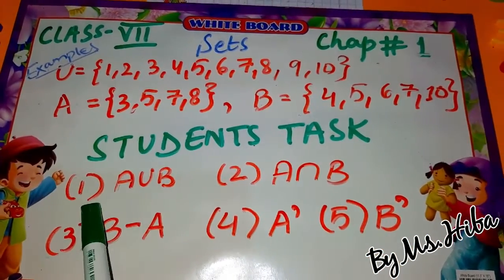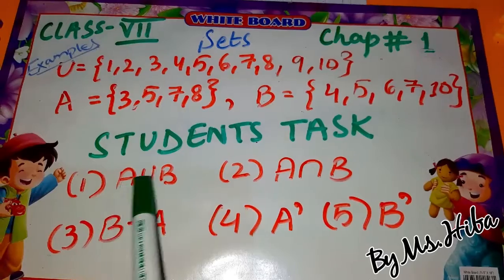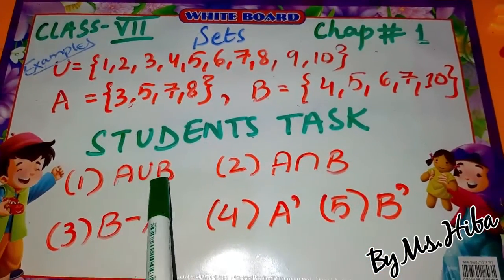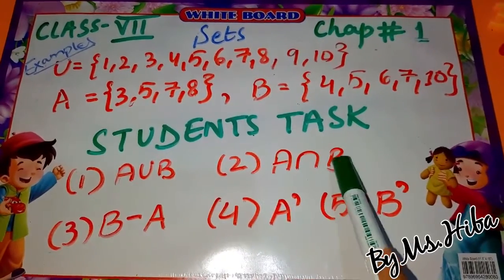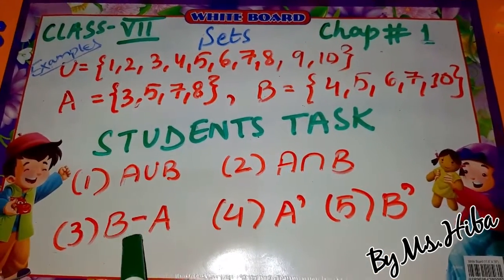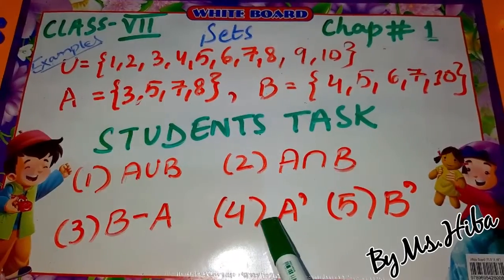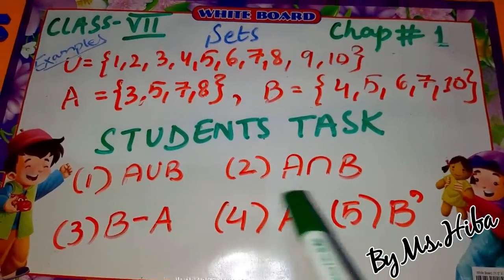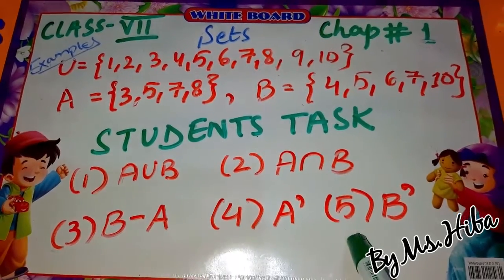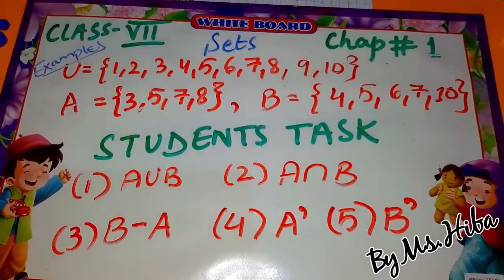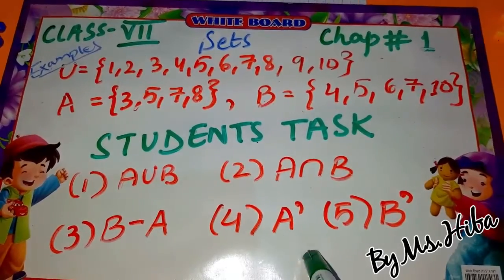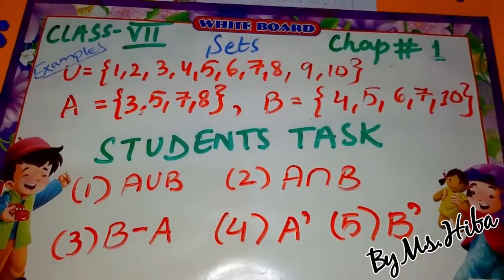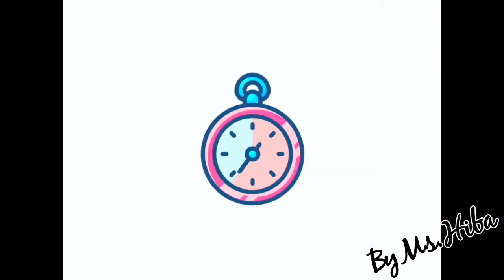Question number 1 is A union B. Using these sets you can find A union B, then A intersection B, then B difference A, number 4 is A complement, number 5 is B complement. So you have 5 questions over here and you have 20 minutes to solve these 5 questions in your notebook, and your time starts now.